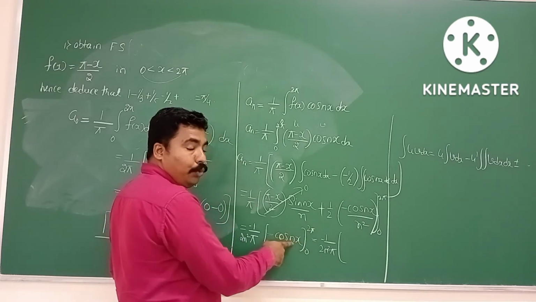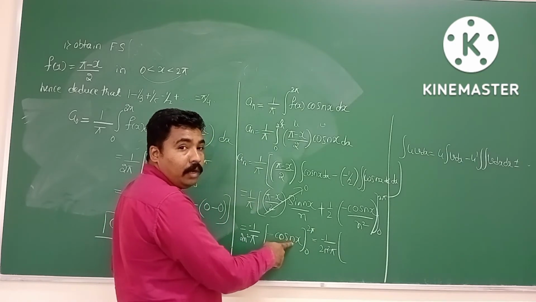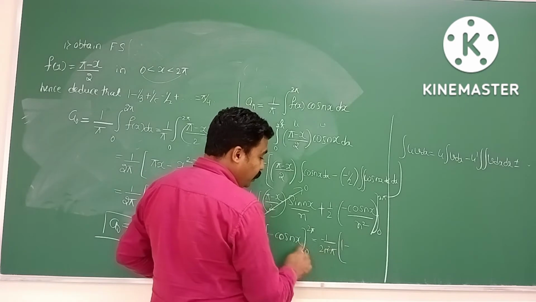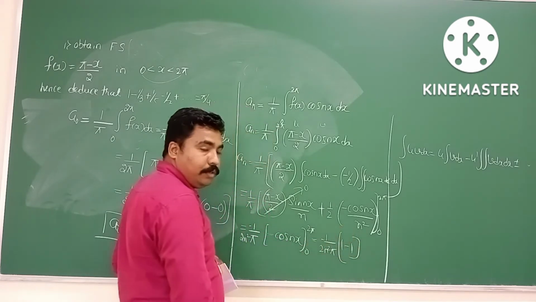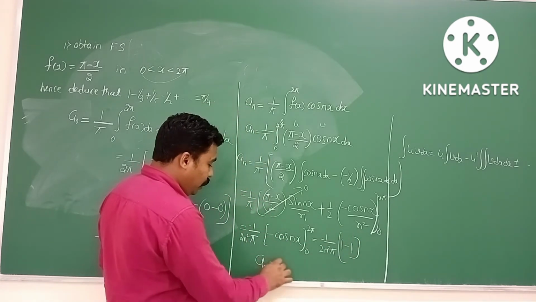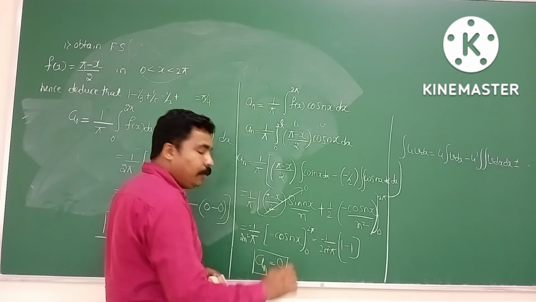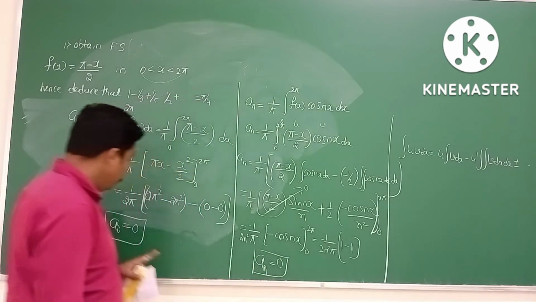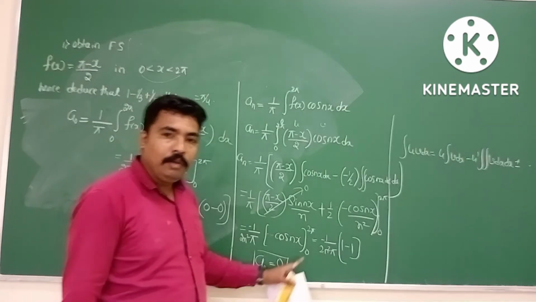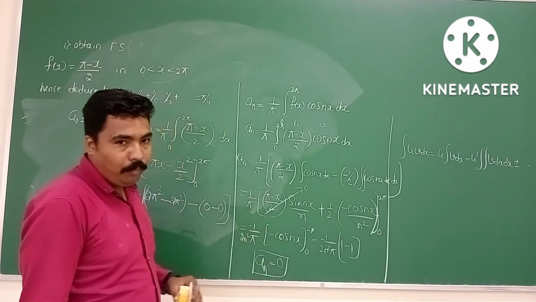Upper limit is cos 2 n pi. Cos 2 n pi is even, so it becomes 1. Cos 0 is also 1. 1 minus 1 is 0. 0 into something is 0. Therefore an value is also 0. So a0 is 0, an is also 0 for this particular problem.